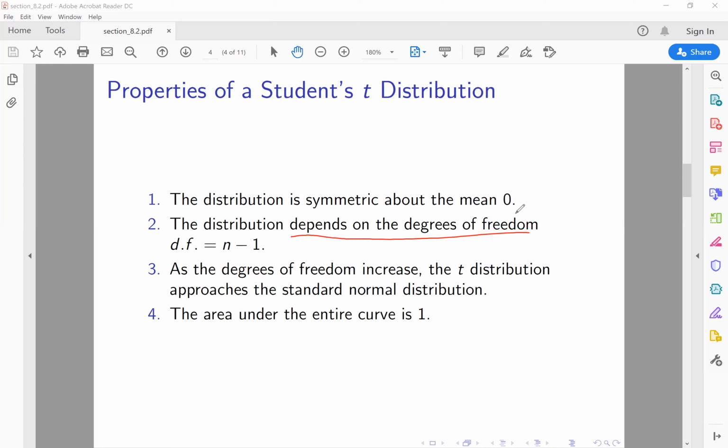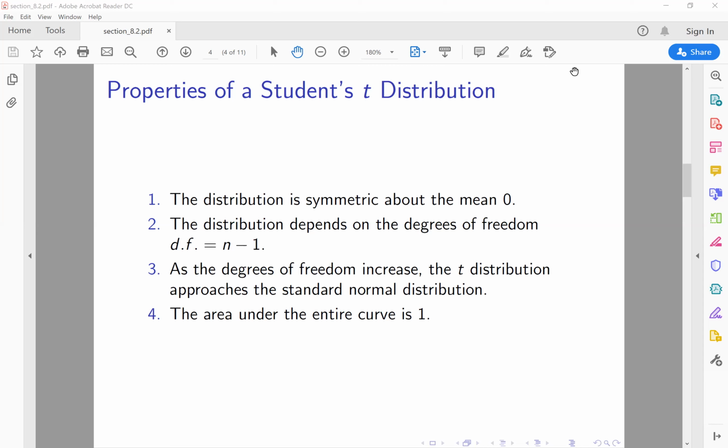There's a different t-distribution for every single degree of freedom. And then as the degrees of freedom increase, the t-distribution gets closer and closer to the standard normal. And last but not least, the area under the curve is 1 because this is a probability distribution.